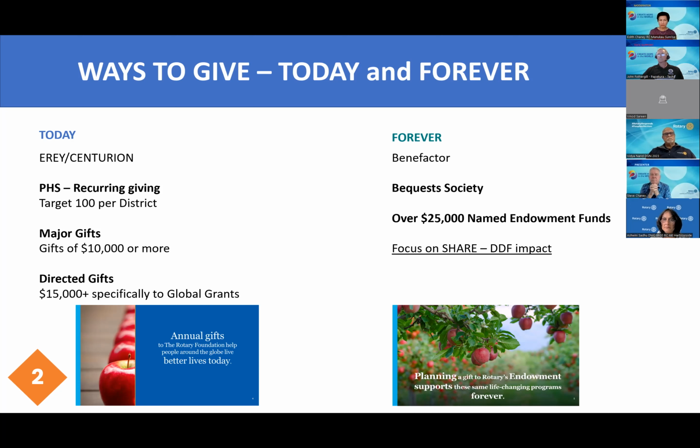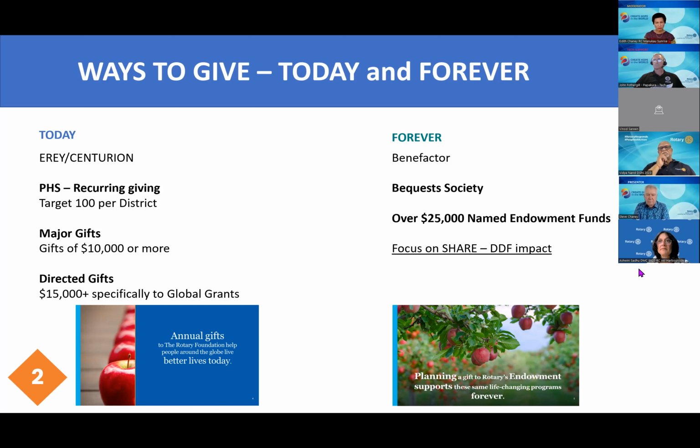You have the benefactors and the bequest society. I think benefactors are those that put in their will under $10,000 and bequest over $10,000. And like the major gifts, there are varying levels as well. And then over 25,000 can be a named endowment fund as well.